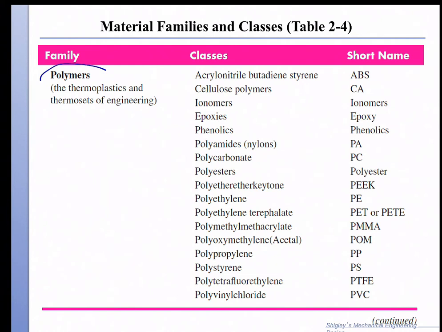And within the polymers, we have two different groups. The first one is called thermoplastic, and the second one is called thermoset. So what are the differences between thermoplastics and thermosets? Here I'm going to go back and then discuss the difference.